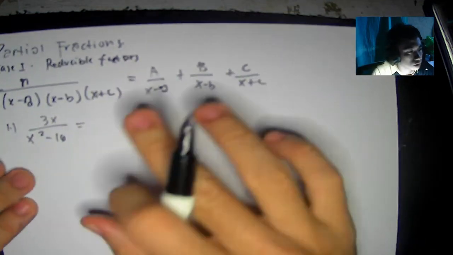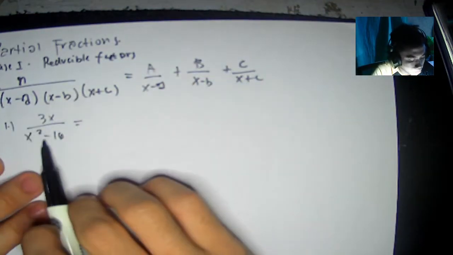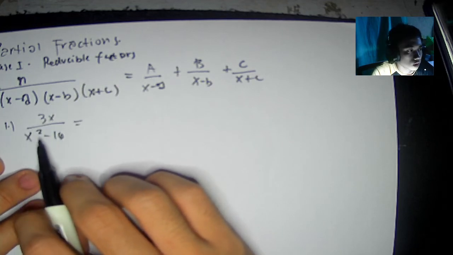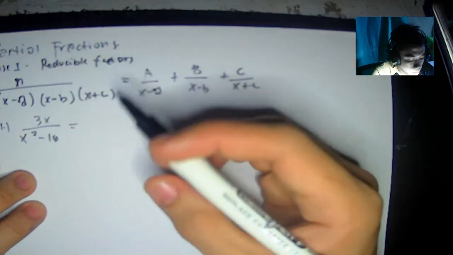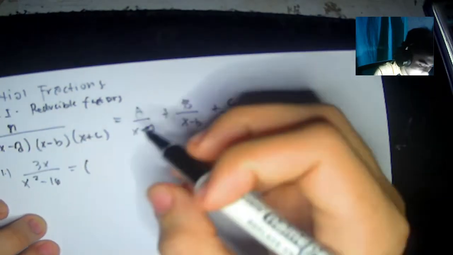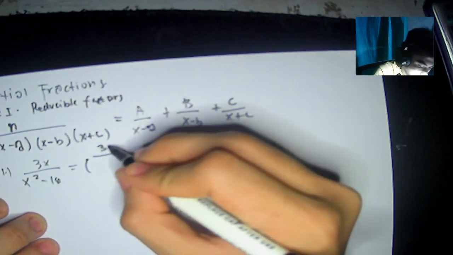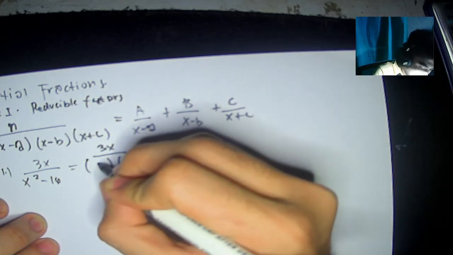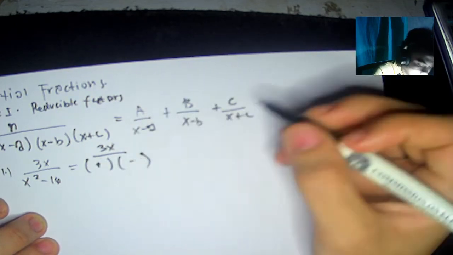Basic factoring: x squared minus 16, so it is a difference of squares. We'll have 3x here, positive and negative.